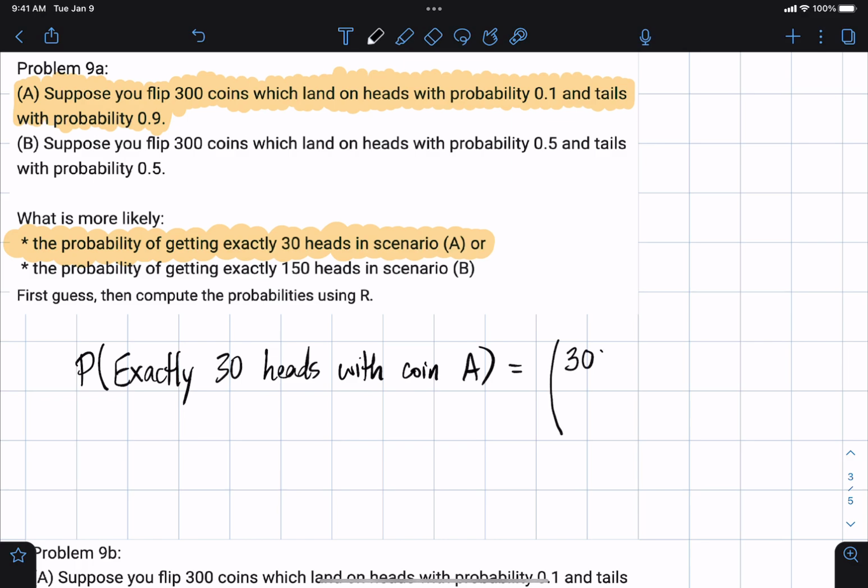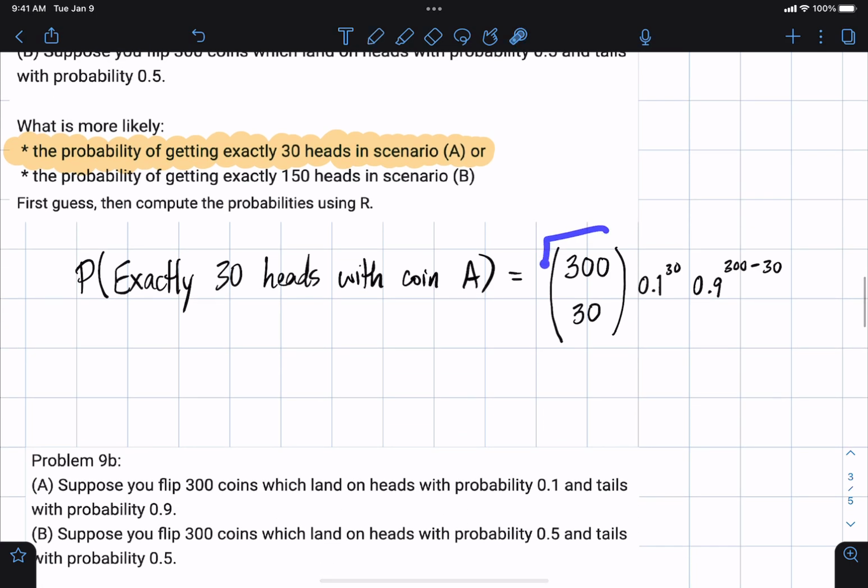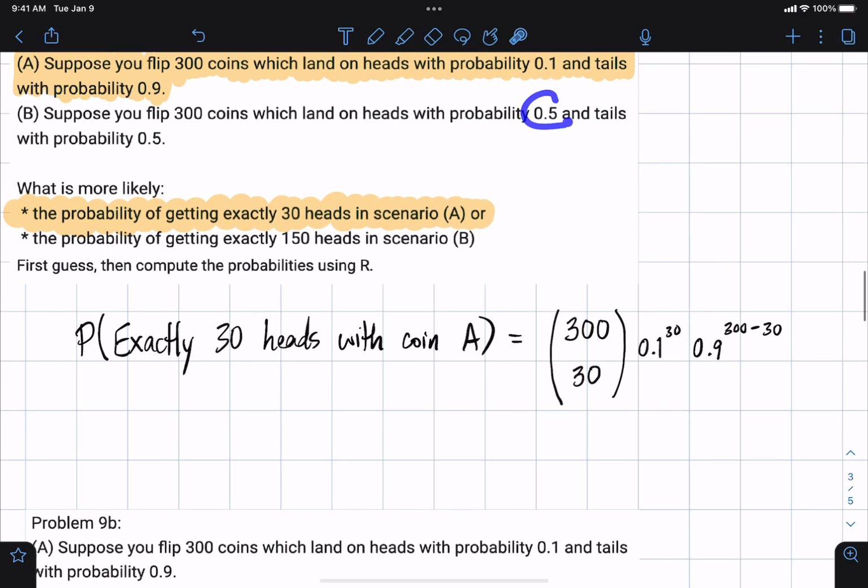We're flipping 300 coins and we want 30 of them to be heads, times 0.1 to the power of 30, because that's the probability of getting heads, and then 0.9 to the power of how many tails? It's 300 minus 30, so 270. We can type this into R and get some number. We can do the analogous thing with probabilities 0.5 and 150 heads, and compare those two probabilities.